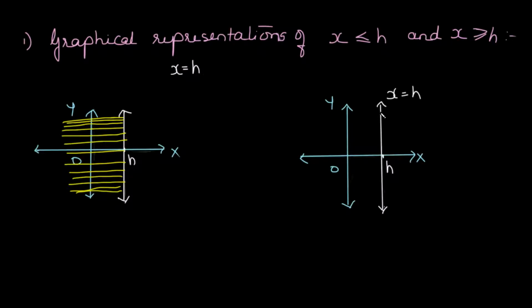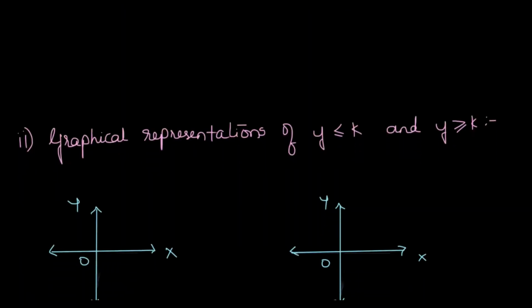Since x is greater than or equal to h, obviously our feasible region will be on the right side of x is equal to h. Also, since the symbol is greater than or equal to, our solution set also includes the line x is equal to h, and therefore we draw a solid line. This is the first type of case which you might come across in the sums.